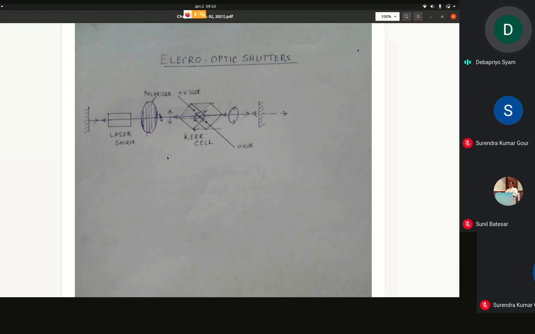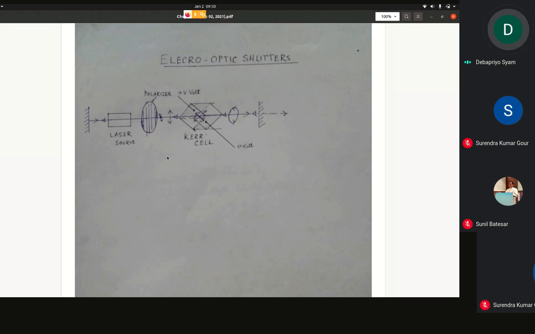Now, because the cell has now become a uniaxial crystal, it behaves as a birefringent material. That means it has a double refracting property. And as in the case of calcite, the refractive index along the optic axis, that is the direction of the electric field, and the refractive index perpendicular to that direction, in our case the X and Y directions, become different.